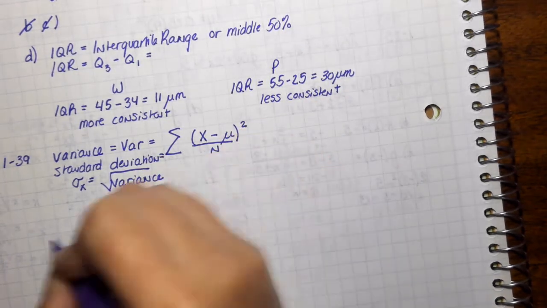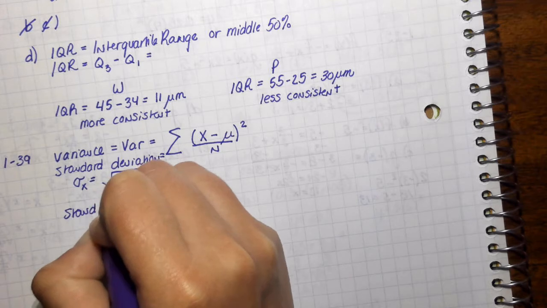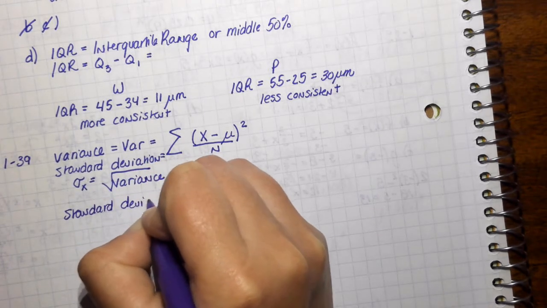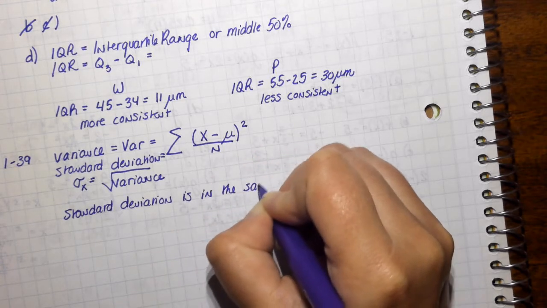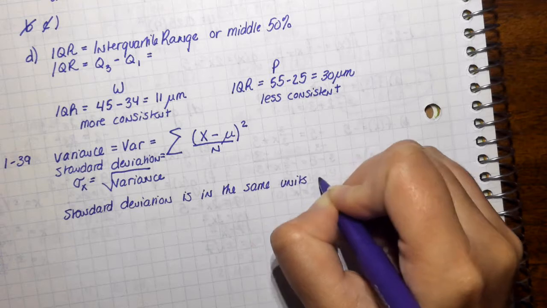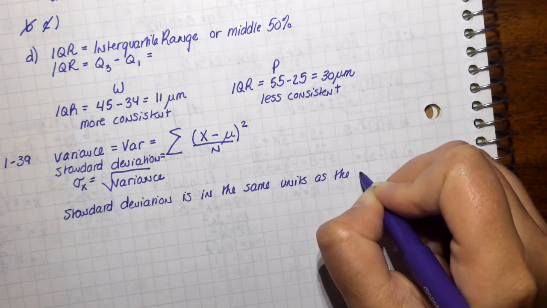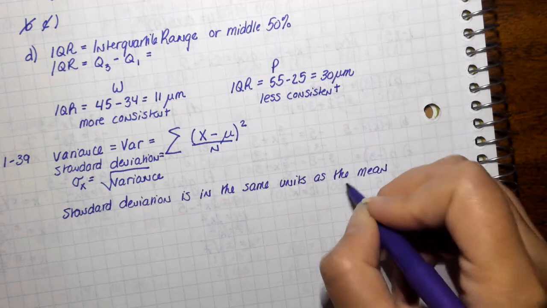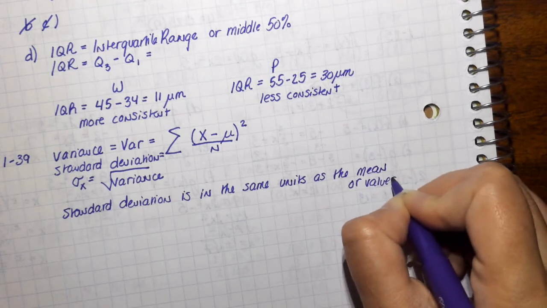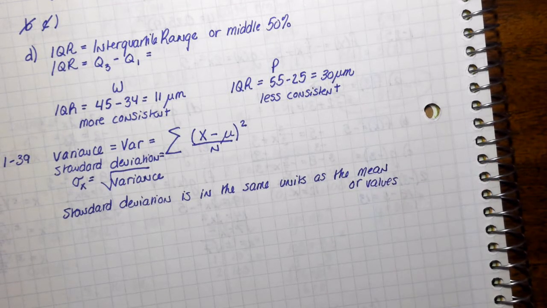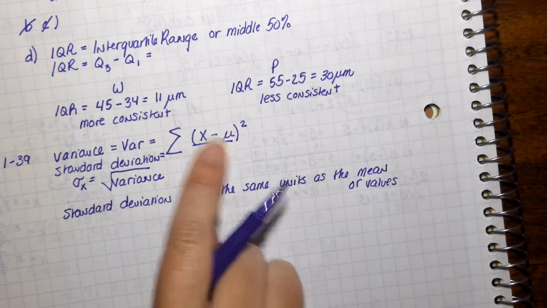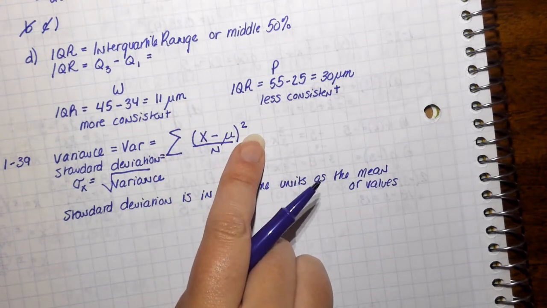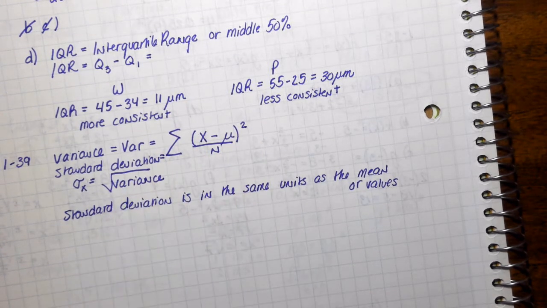So the standard deviation is in the same units as the mean or the values. So in micrometers here, if I calculate the variance, that would be in micrometers squared, which is not really great for comparison purposes, but then when I square root it, I get it back to micrometers.